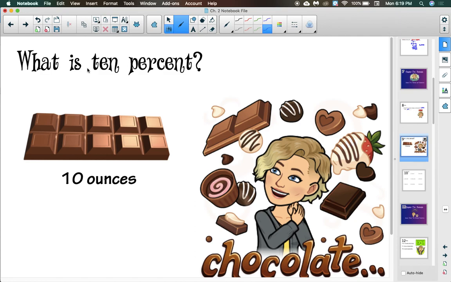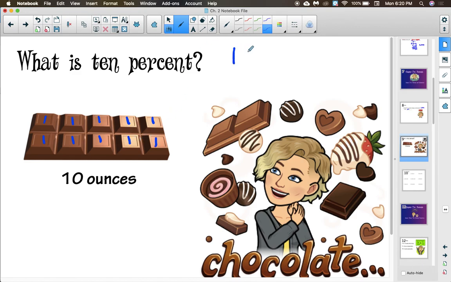So let's say that I have a chocolate bar, and this chocolate bar weighs 10 ounces. And it's also broken into 10 pieces. So each of these pieces is actually 1 ounce. Each piece is a 1 ounce piece of chocolate. 10% would be 1/10, right?